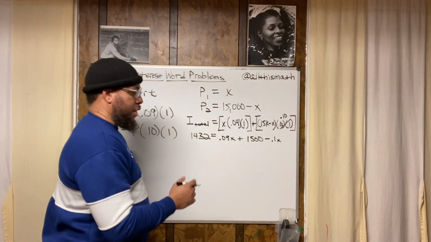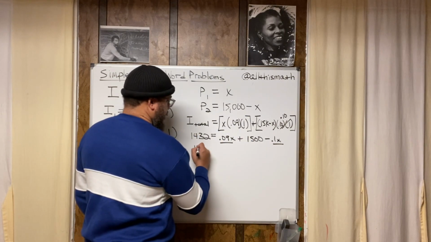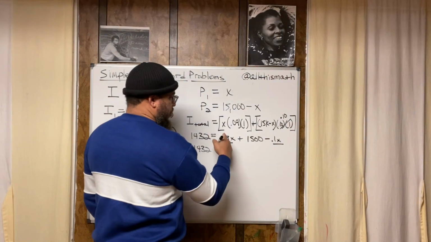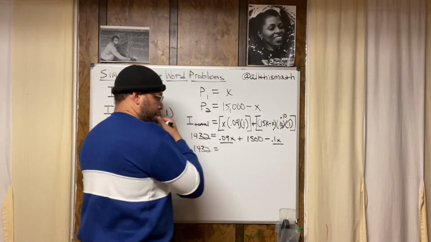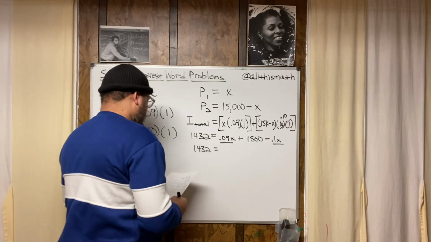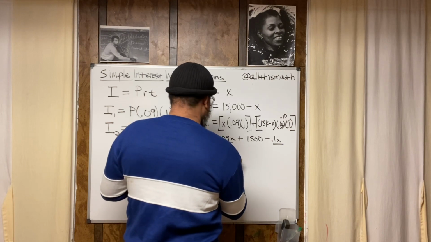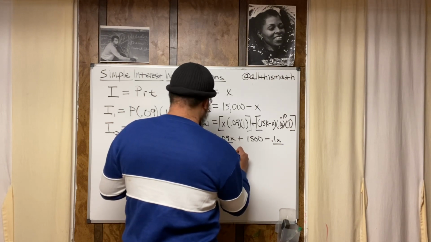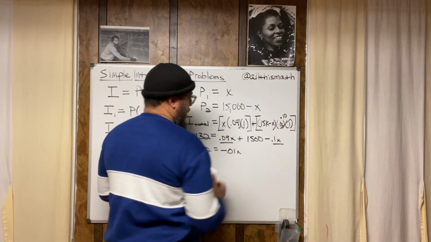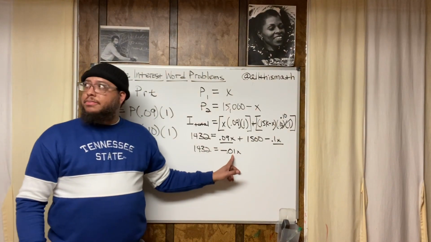All right. Now what I'm going to do is combine like terms. So I got 1432 is equal to, now 0.09 minus 0.1. 0.09 minus 0.1 is going to be negative 0.01. Negative 0.01x. See these combined. This is like 9 cents. That's a dime. So 9 cents minus a dime is a negative penny.